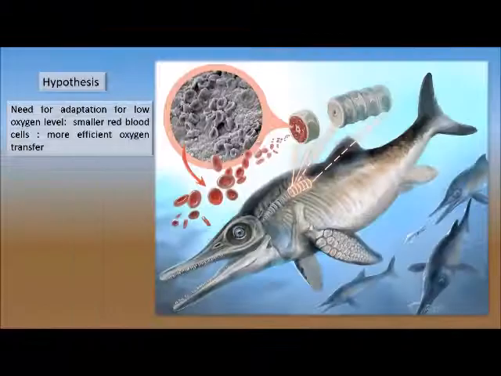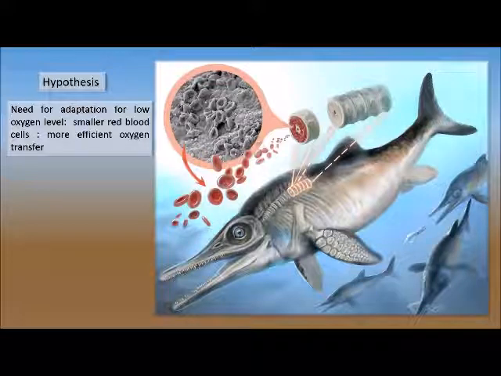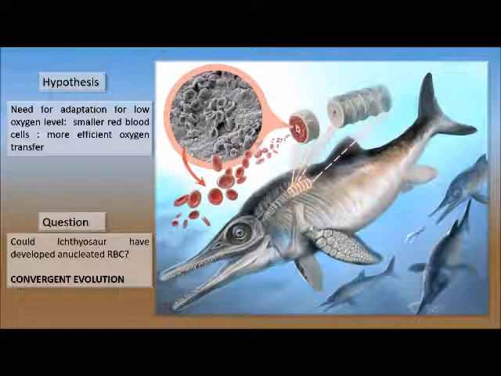And that's our hypothesis in the paper. That's not me, that's a real one. We think that the ichthyosaur evolved smaller red blood cells that would be more efficient for oxygen transport. I'm not talking about anucleated here, just to be clear. But could the ichthyosaur have also developed anucleated red blood cells before the mammals?